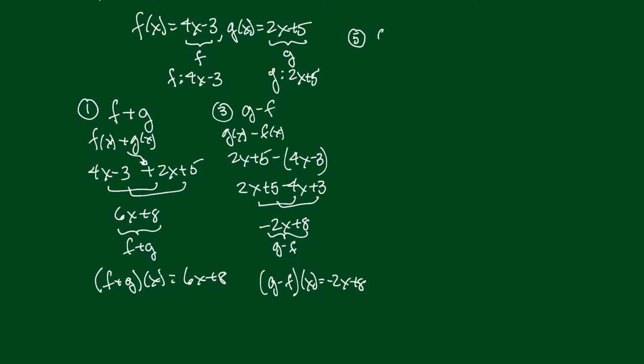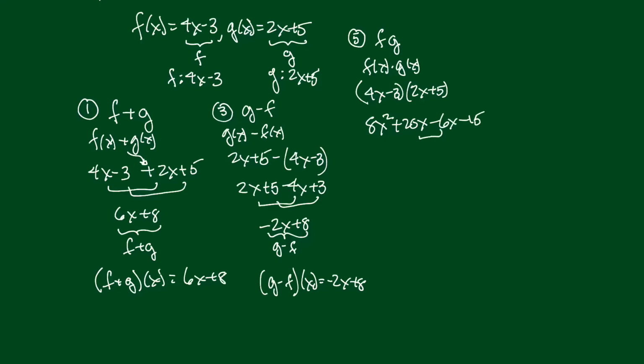Number 5 is fg. All right, so you might think of it as f of x times g of x. So this is going to be f of x, which is 4x minus 3, times g of x, which is 2x plus 5. And if I multiply that out, let's see, first and first we'll get 8x squared. The outer product is plus 20x. The inner product is minus 6x. And the last is minus 15.